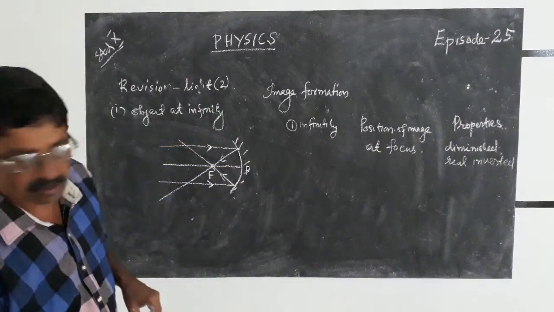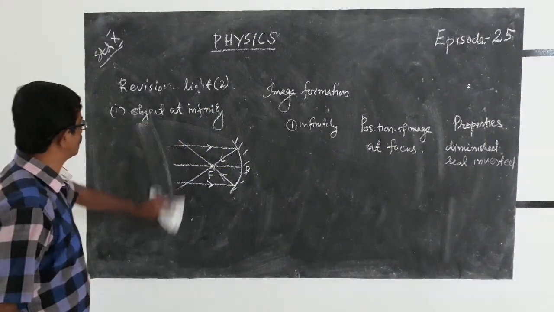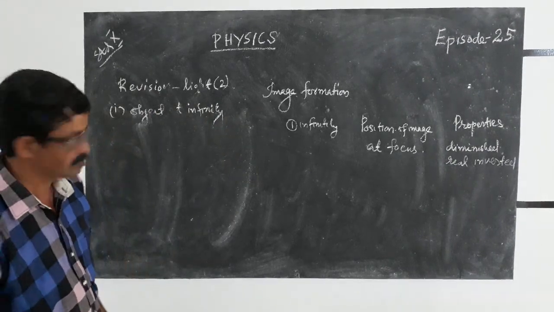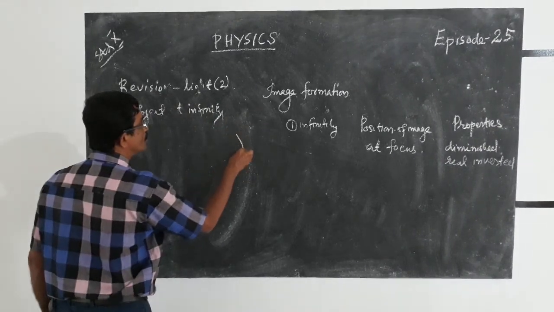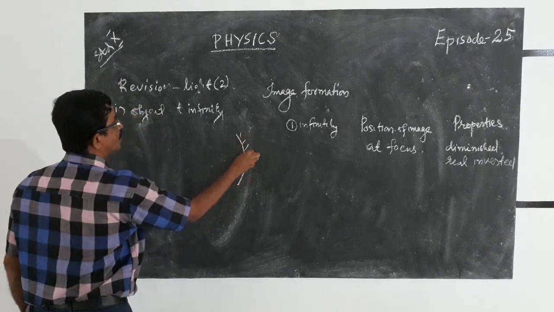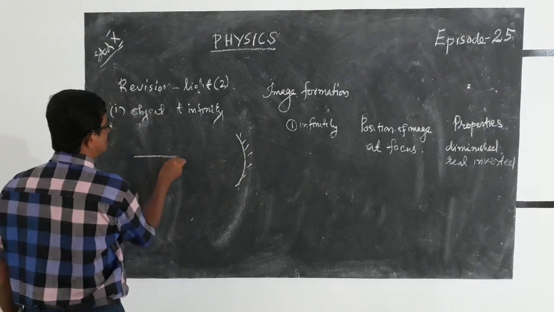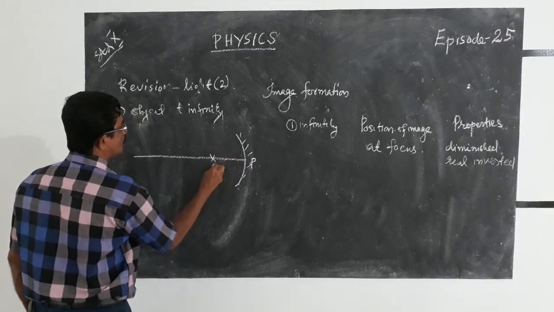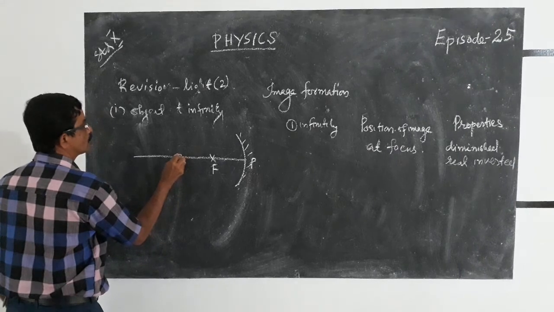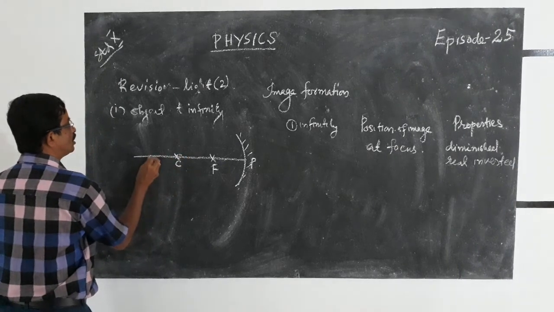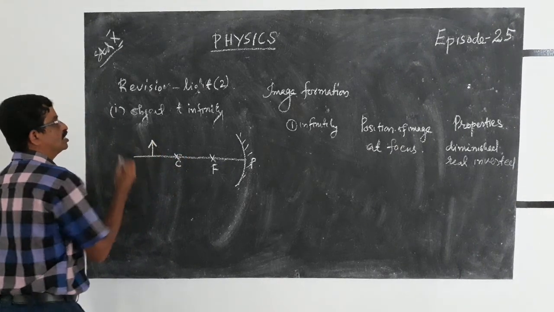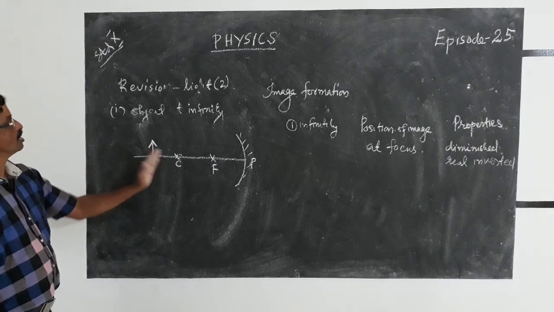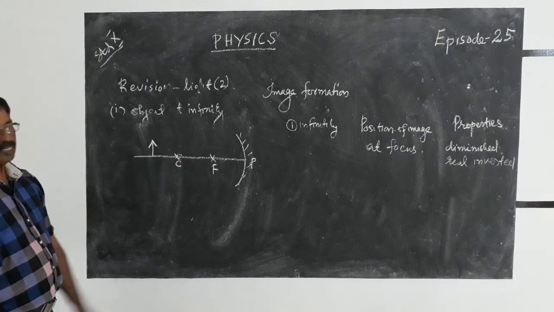Now we are going to place the concave mirror, pole, focus, center of curvature, and the object just behind the center of curvature.